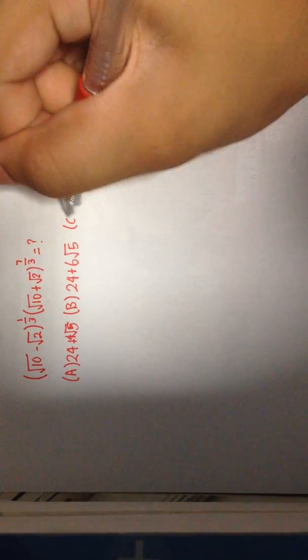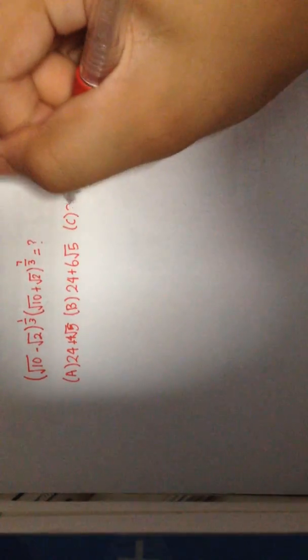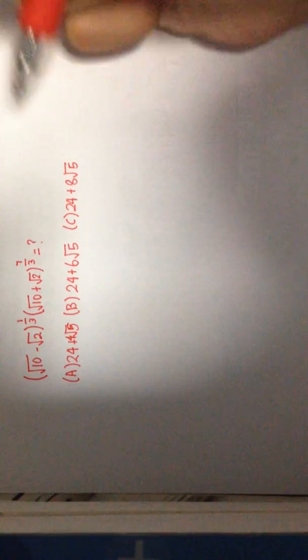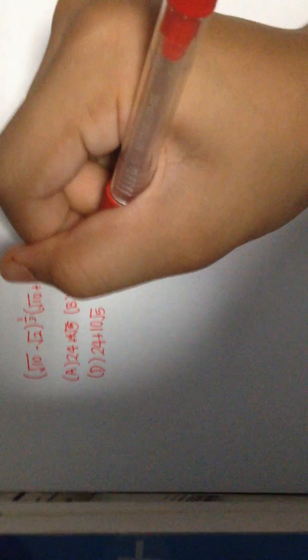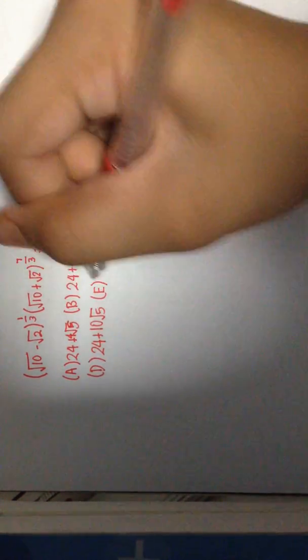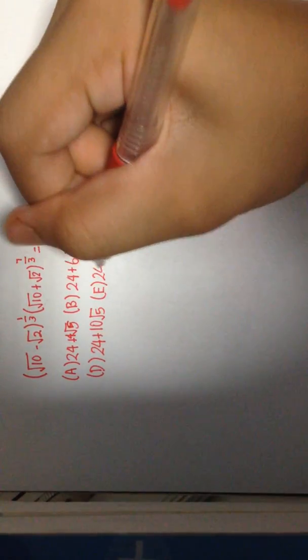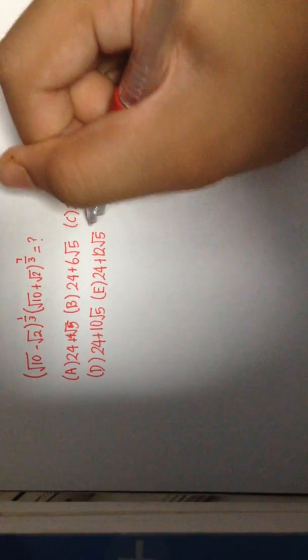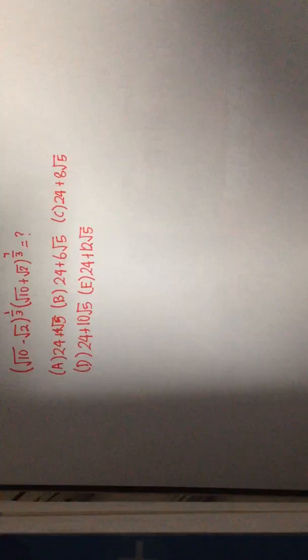Option C is 24 plus 8 root 5. Option D is 24 plus 10 root 5. And option E is 24 plus 12 root 5. Now, these are the 5 options that we have.